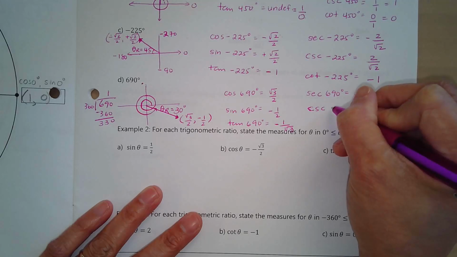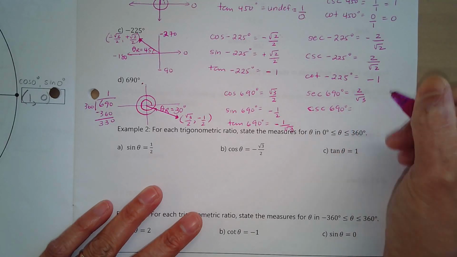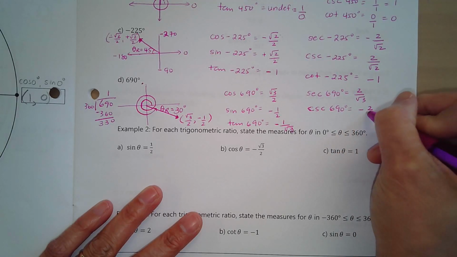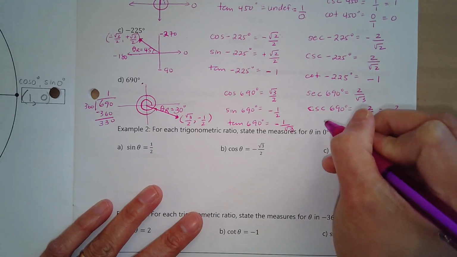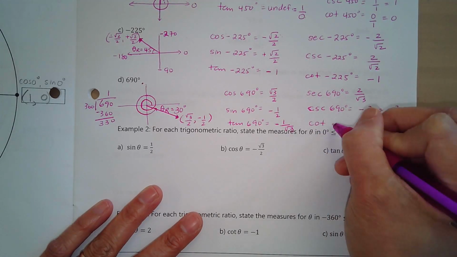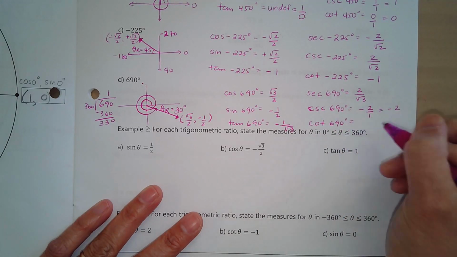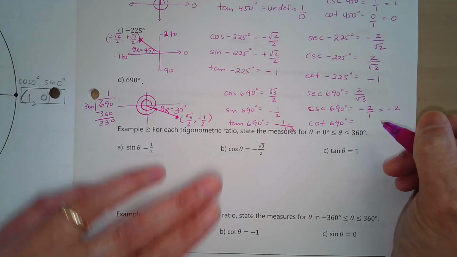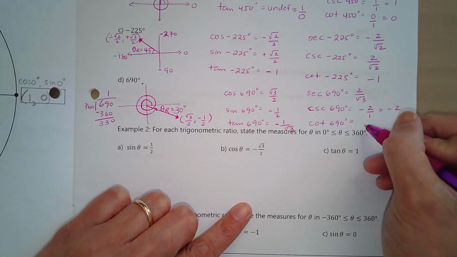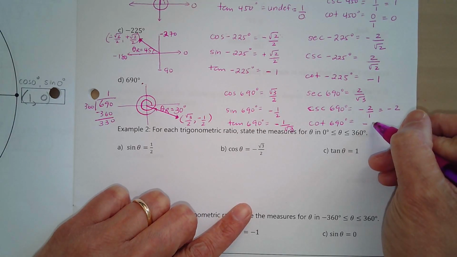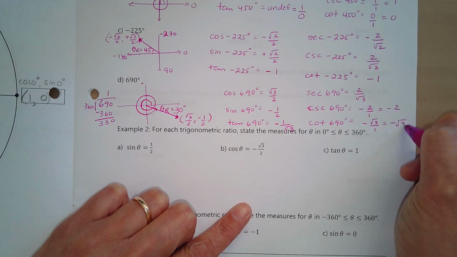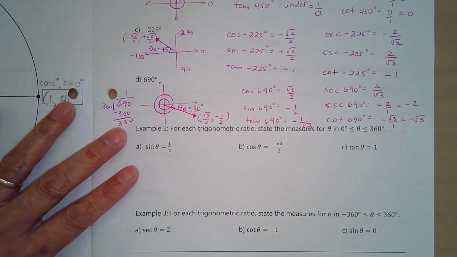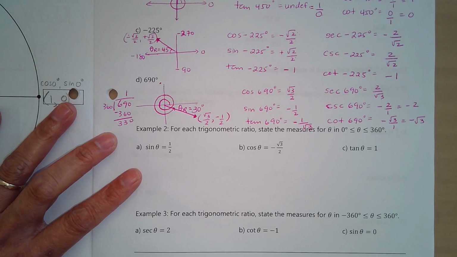Cosecant of 690 degrees is negative 2 over 1, or just negative 2. And finally, cotangent of 690 degrees is the reciprocal of negative 1 over root of 3. So it's going to be negative root 3 over 1, or just negative root of 3. Okay? So far, so good?